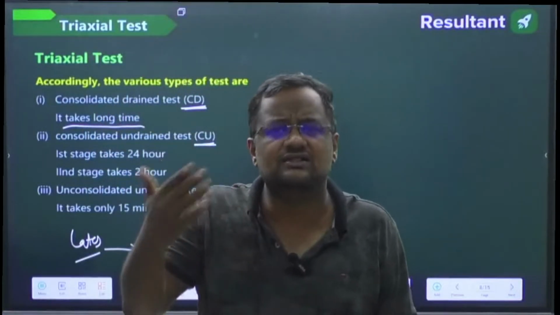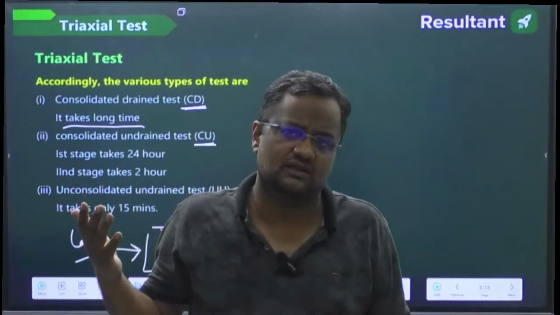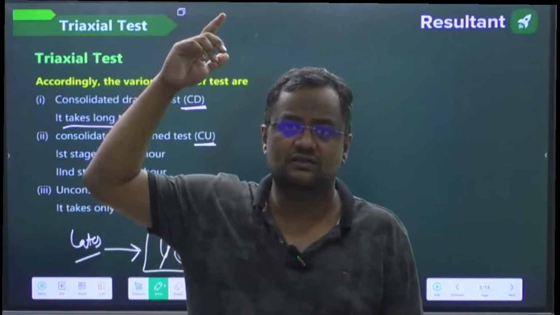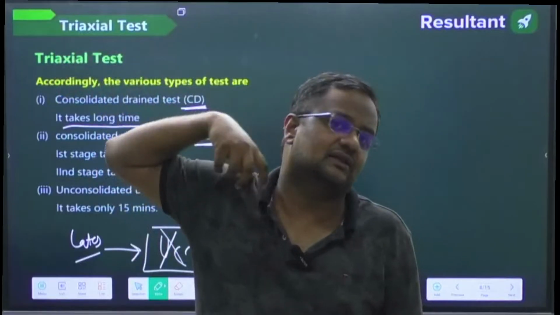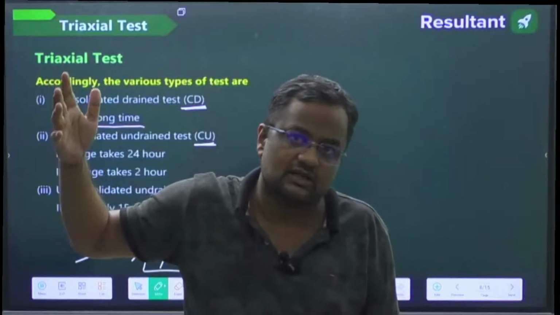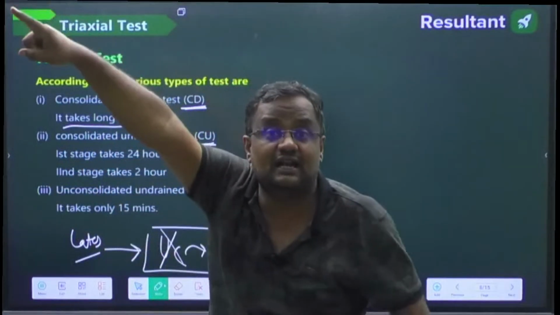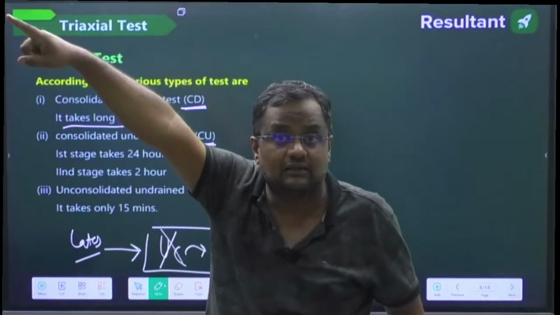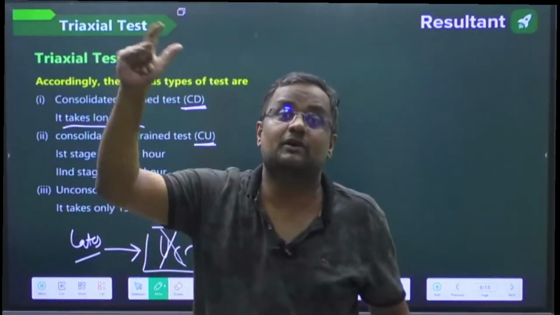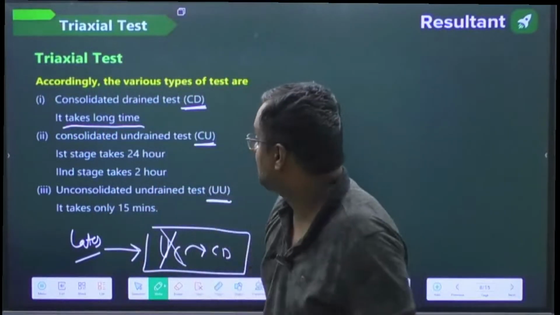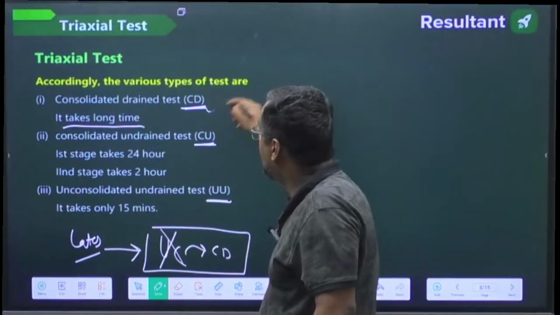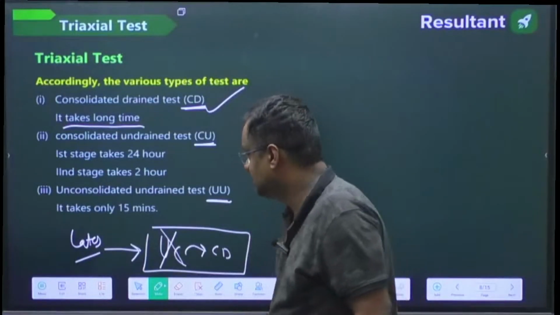Consolidation mostly occurs in 5, 10, 15 years. So if it is 70 years, due to the load of the building, the consolidation has already taken place. So to simulate the field condition of that soil, we will be using the CD test, because consolidation and drainage have occurred. So for long-term testing, we will be using the CD test.